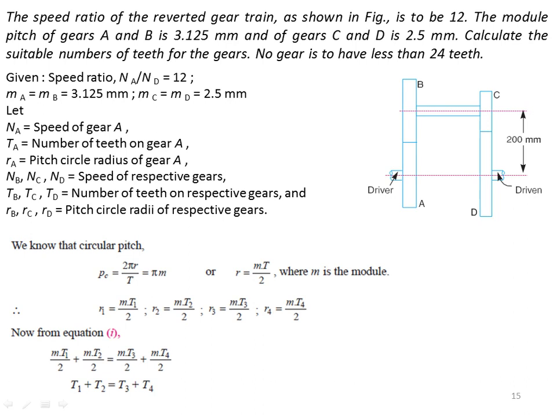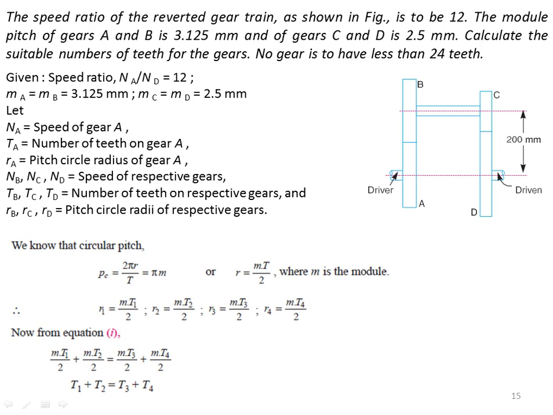So the speed ratio of the reverted gear train, as in the figure you can see, is to be 12 there. So the speed ratio NA by ND, that is given as 12 there. So this is the driver, A to B connected, and B in again C, and again C and D are connected, where you can see driver and driven are coaxial.